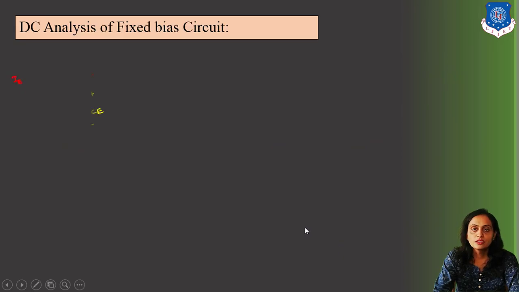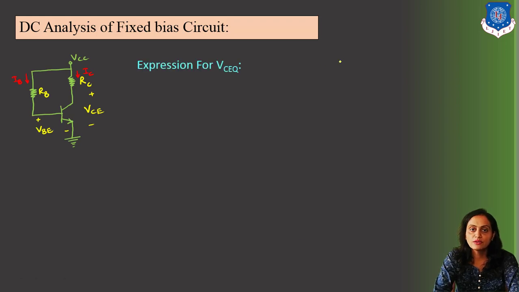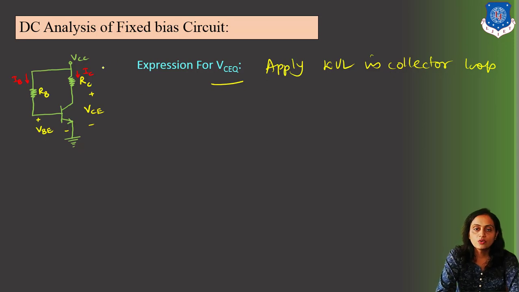Now we will do the DC analysis of the fixed bias circuit. In that we will calculate the expression for the VCEQ, and that is why we will apply KVL in the collector loop. So the collector loop is this, that is from VCC to ground.